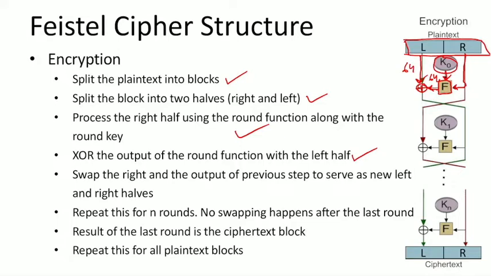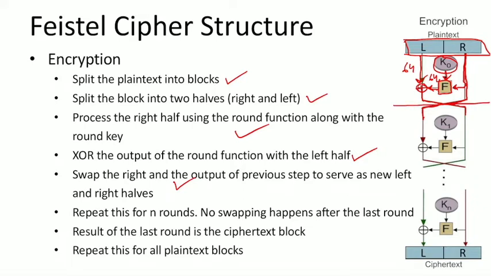After that, we do a swapping operation. Whatever the output is after this XOR becomes the right half for the next round. Then we take the right half from this current round as is, unprocessed, and that becomes the left half for the next round.